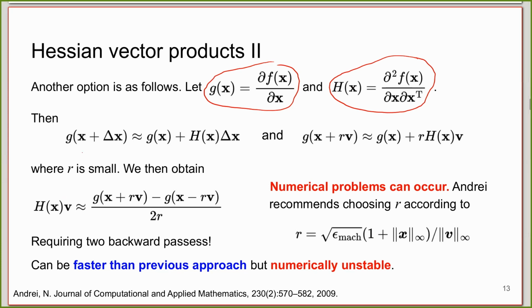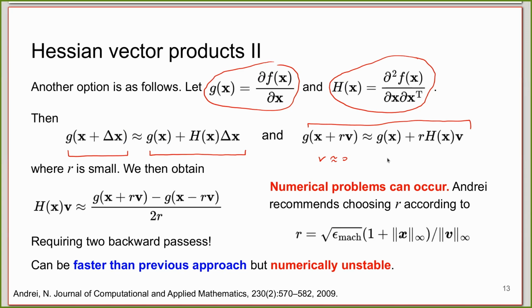You can do a first order approximation of the gradient, and that's going to be the gradient plus the Hessian times some small increment. Okay, and the same happens if you just do the increment in some direction v. So r here would be something that is close to 0, and you just have the gradient evaluated at some input x plus a small change in a direction v.